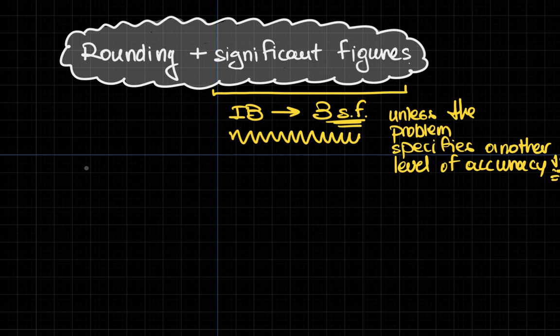So unless the problem specifies another level of accuracy, for example, to two decimal places, or to the nearest whole number, or even if the question does not specify a different level of accuracy, but the question we are answering is in the format, for example, how many people do something, and you end up with an answer which is 7.25, of course you're going to have to decide whether 7 or 8 would be more appropriate, because you cannot answer that question with decimals.